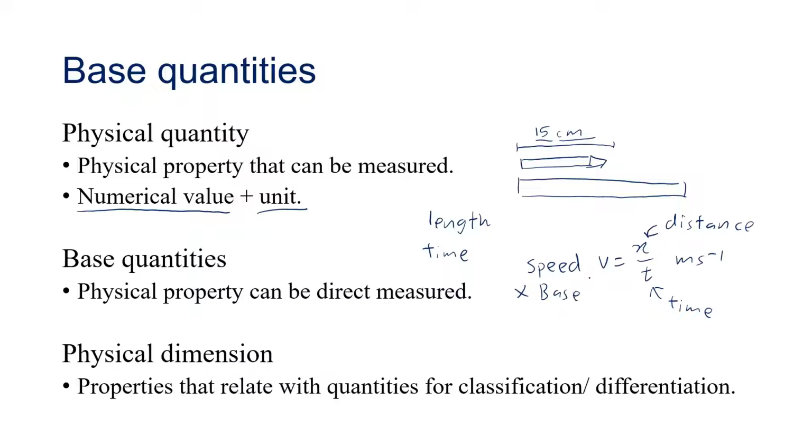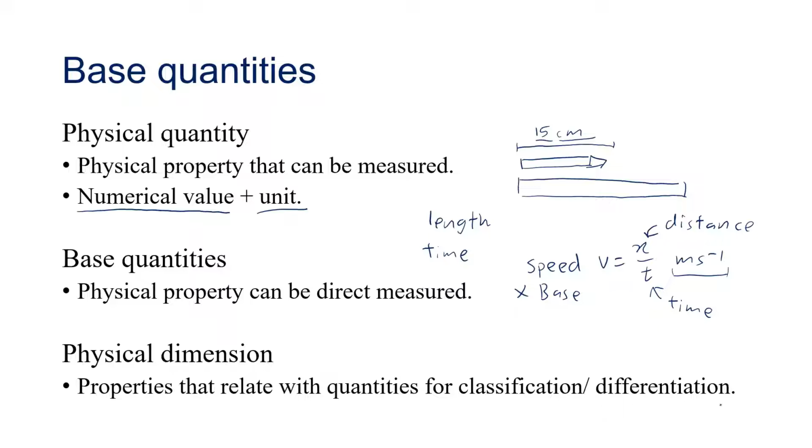Speed is not a base quantity because you can see it is formed by two base quantities: one is the distance, actually the length, and the other is the time. This is what we call a derived quantity. I will explain more in the next video. Things formed by two or more base quantities are what we call derived quantities.